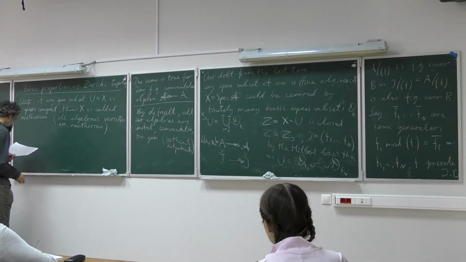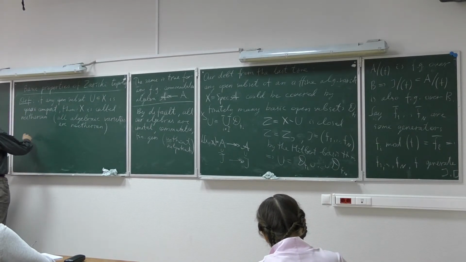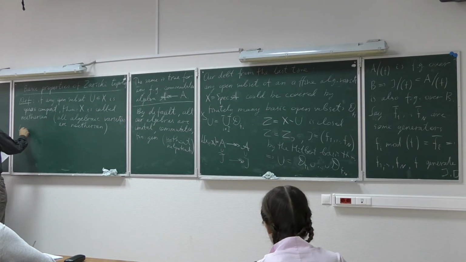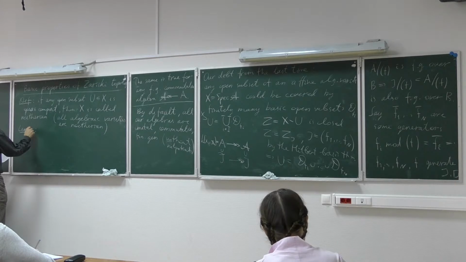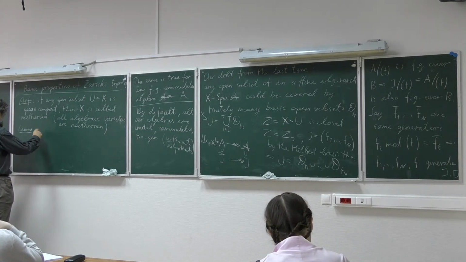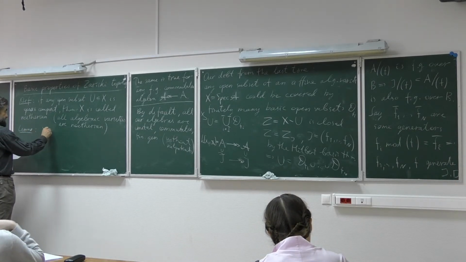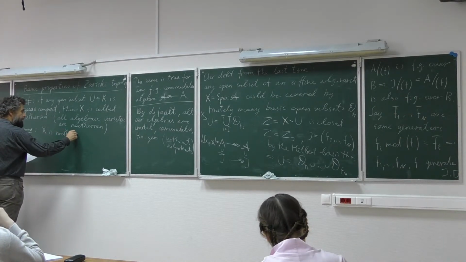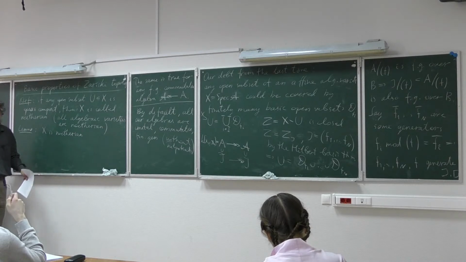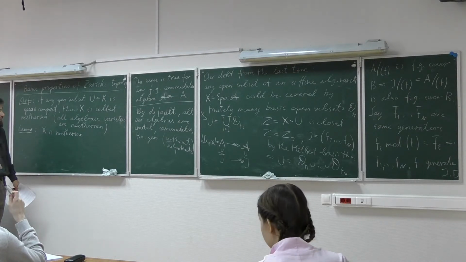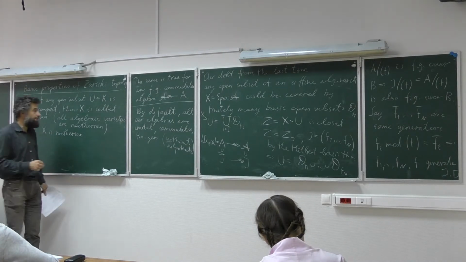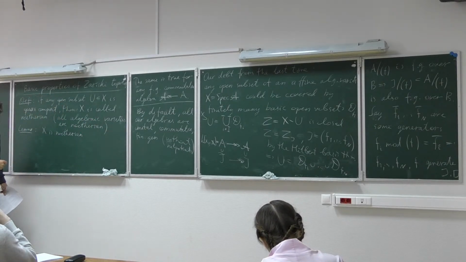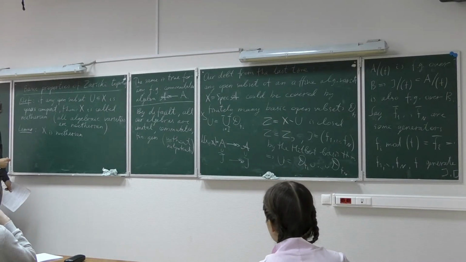Fine. So now let me reformulate it, sort of a lemma. That X is Noetherian. Yes, but the topological space underlying affine or any algebraic varieties has this Noetherian property.